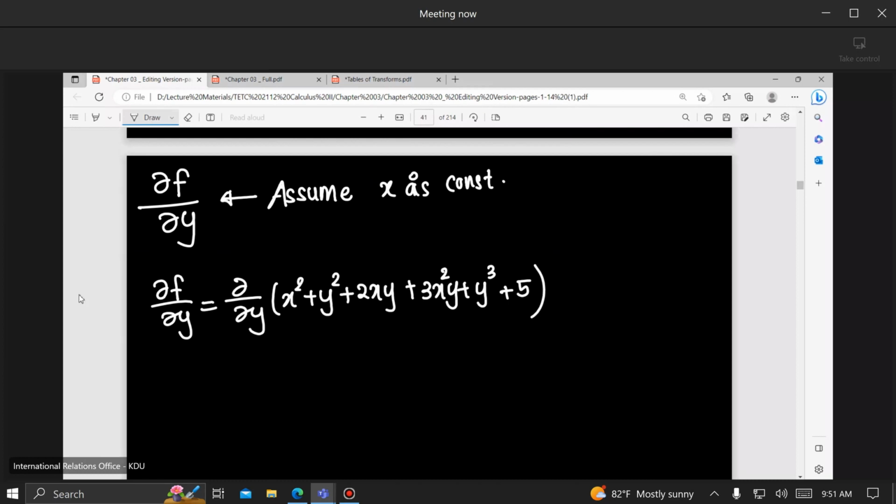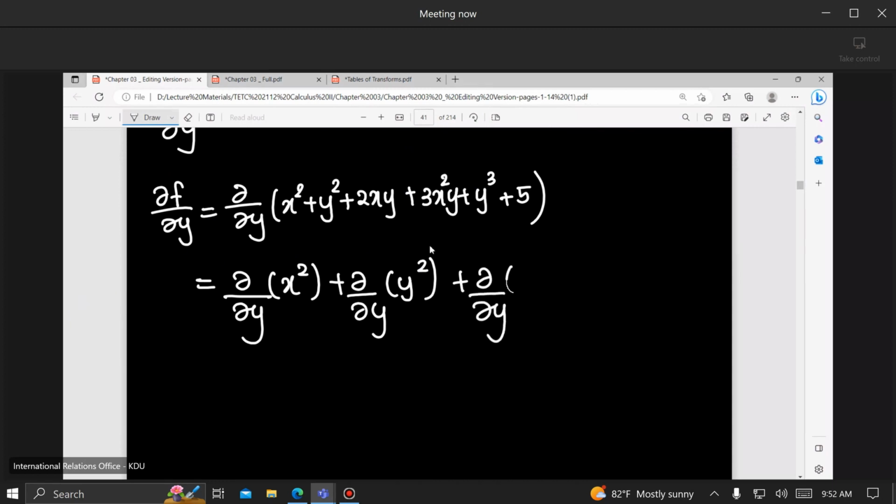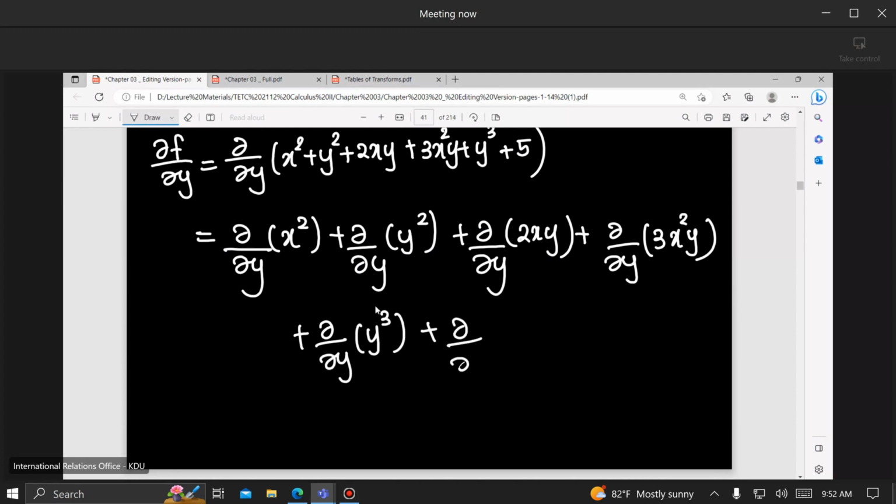So then since the differentiation is a linear function, we can separate each term. ∂ over ∂y of x squared plus ∂ over ∂y of y squared plus ∂ over ∂y of 2xy plus ∂ over ∂y of 3x squared y plus ∂ over ∂y of y to the power 3 plus ∂ over ∂y of 5.